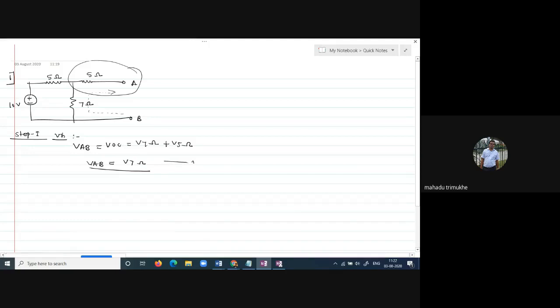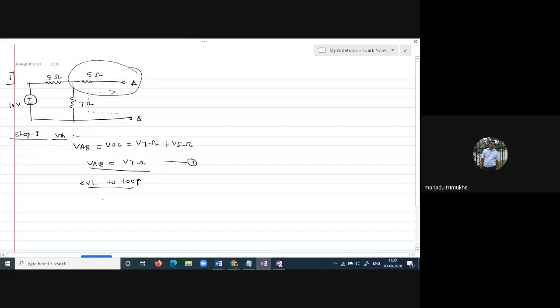Is this clear? VAB is equal to V7 ohm. Then you have to apply KVL. How to apply KVL? Suppose you start from the 10 volt source through the 5 ohm resistor to the 7 ohm resistor. We apply KVL to the loop, and we have only one loop in this circuit.